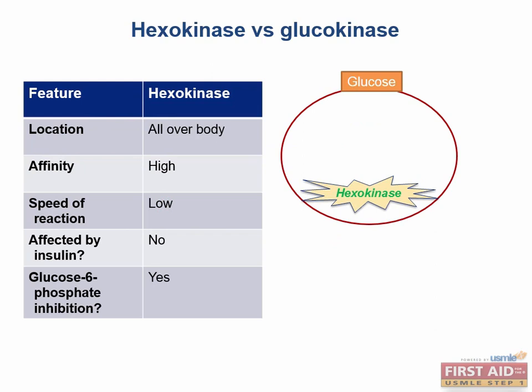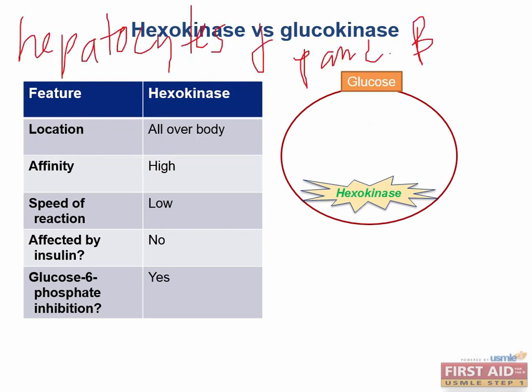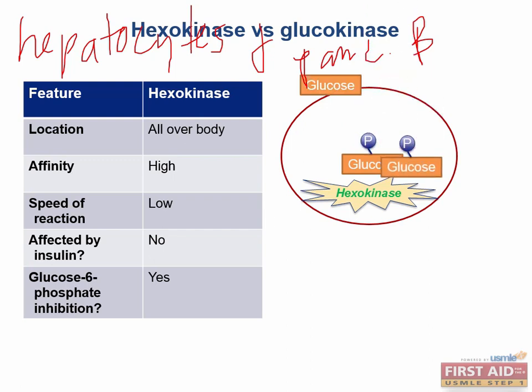Hexokinase is found in almost every cell in the body, except for hepatocytes and pancreatic beta cells. Hexokinase has a high affinity for glucose, but has a low maximum reaction rate. This means that the concentration of glucose needed for this enzyme to be used is relatively low, since it has a high affinity. But the speed at which the reaction occurs is also pretty low due to its low Vmax.